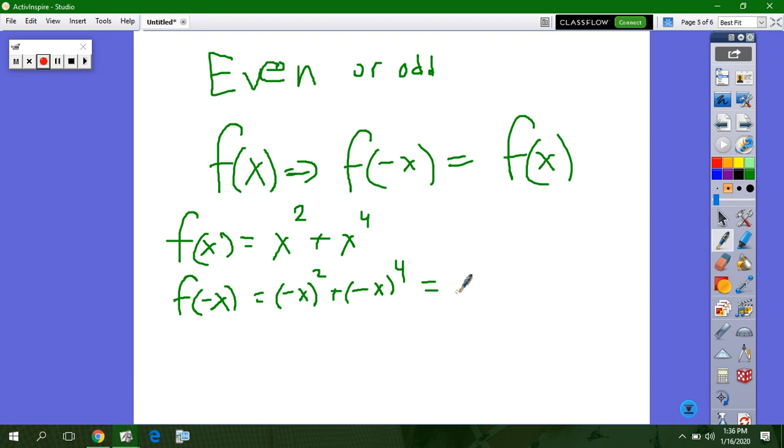What do I get? X squared, right? What do I get when I get negative x to the fourth? You see how I got the exact same equation back after I replaced x with negative x? Make sense? That's an even function. The absolute value of x is an even function.